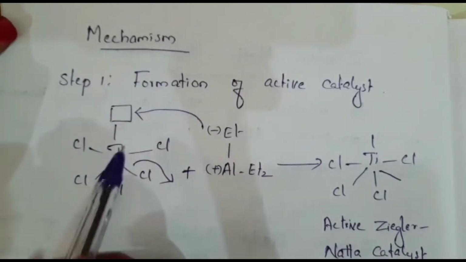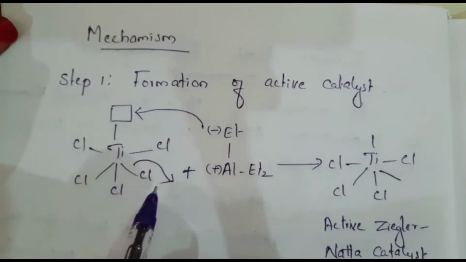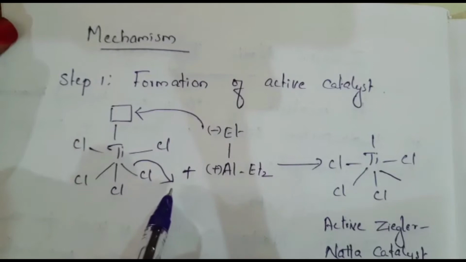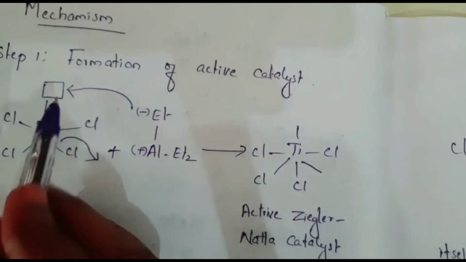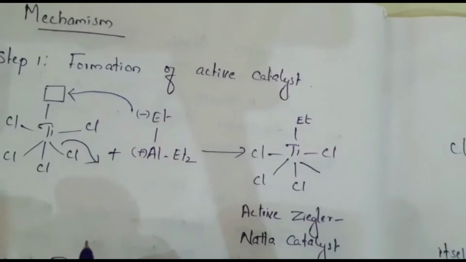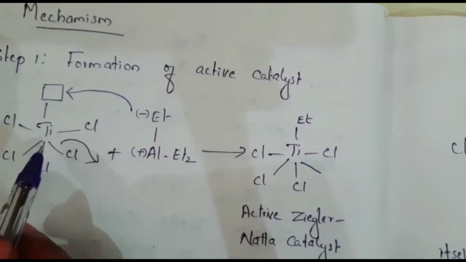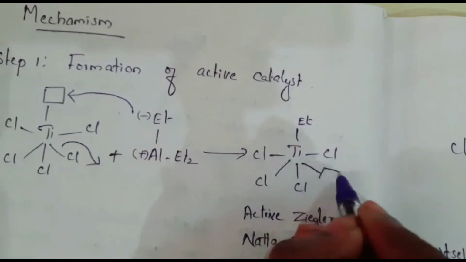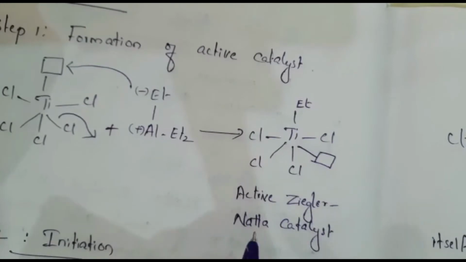So this vacant site is occupied by the ethyl group and one of the chlorine atoms will be removed from this titanium sphere. So this titanium has 4 chlorine atoms and this site will be occupied by Et. This chlorine atom is removed from this titanium sphere, so one vacant space will be created. This compound is known as active Ziegler-Natta catalyst.